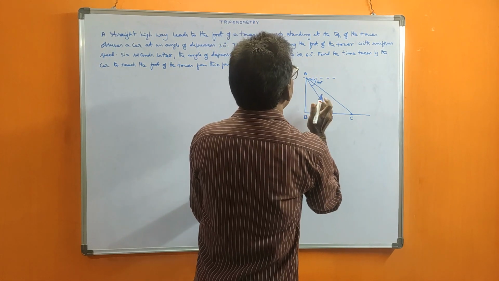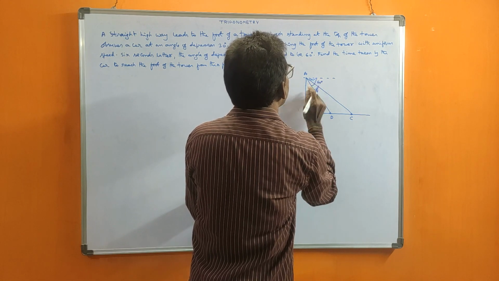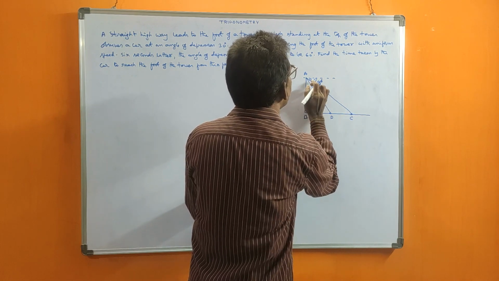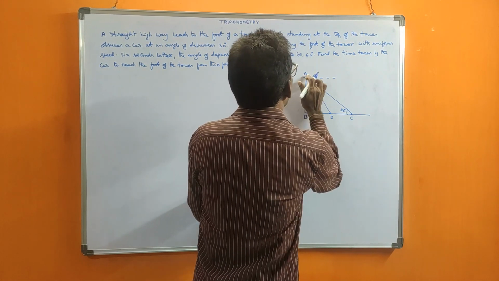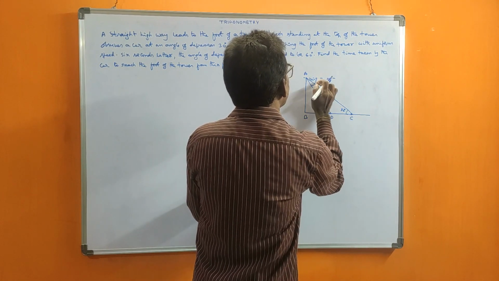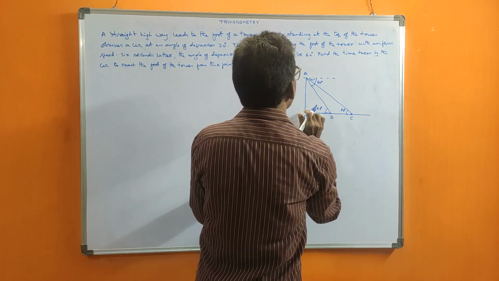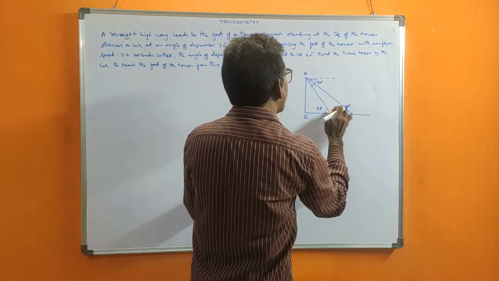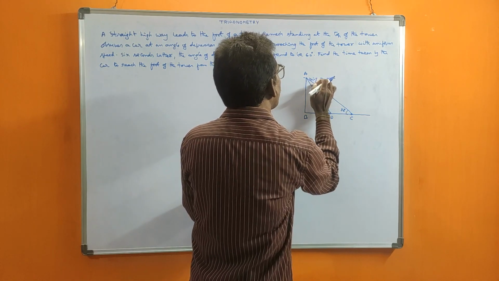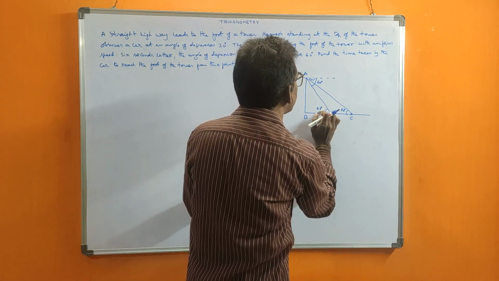So I told already, if this is 30, in the same triangle this is 30. Now for this triangle, if this is 60, then this is 60. So for this line, second point is this one, the angle of depression is this one. If angle of depression to this side is 60, then this is 60.